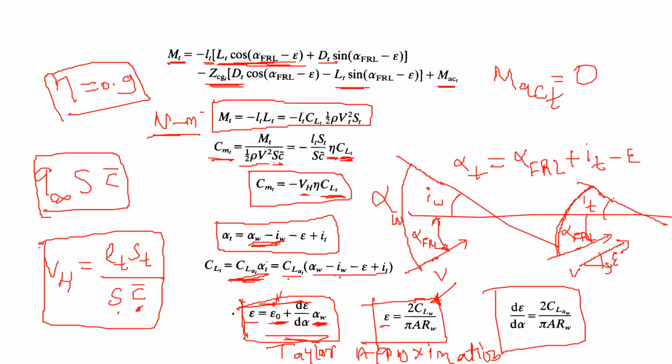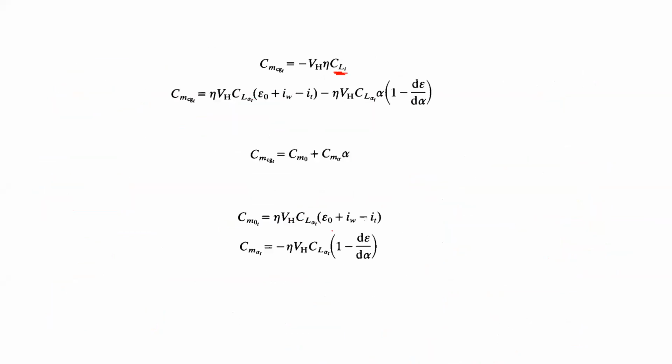If you notice, CLT had alpha W, IW, epsilon, and IT. Notice this IW and IT, and within this epsilon naught, these are fixed numbers. These are constant numbers. When you are flying, they're not changing with angle of attack. So we want to break it down into two pieces. One is dependent on angle of attack, and the other is independent of it, right?